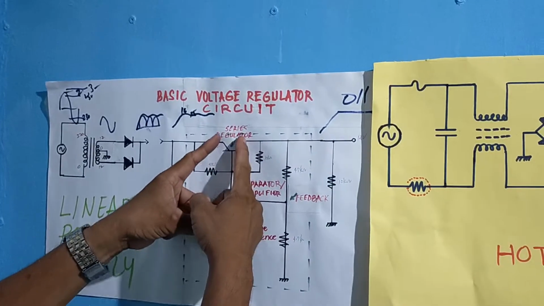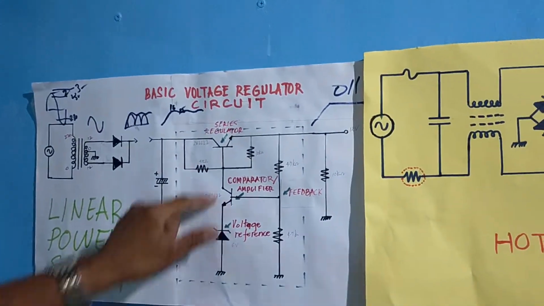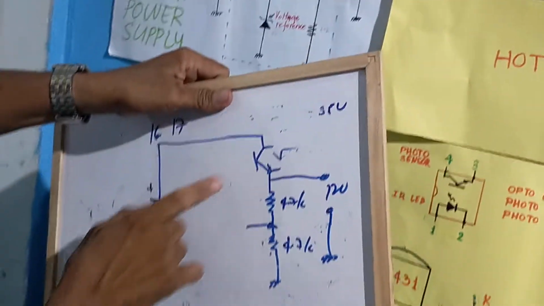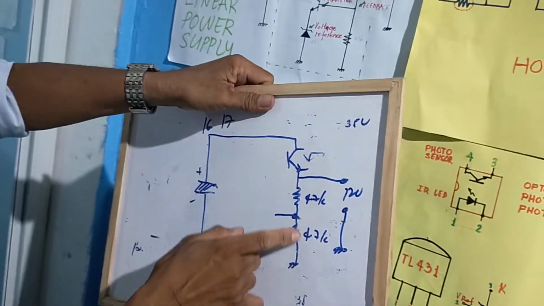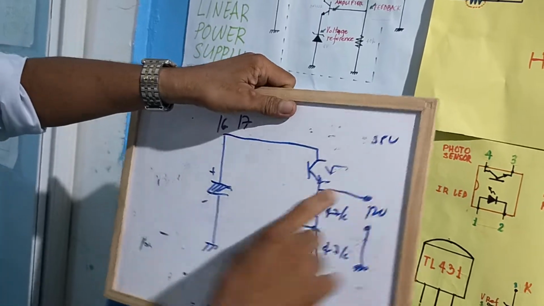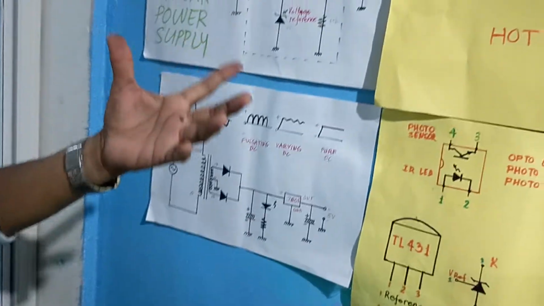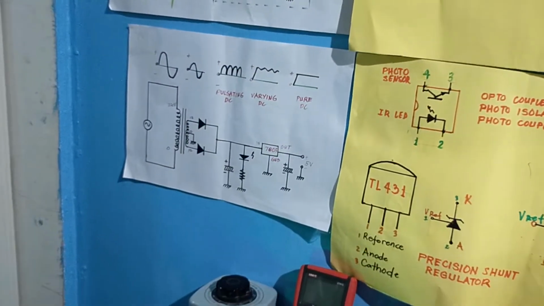What is varied is across the collector and emitter of this transistor. It is called series because this collector-emitter junction is connected in series with these two resistors, but we are getting the output voltage across these two resistors. In what way is the voltage varied here? Because it goes like this, class.